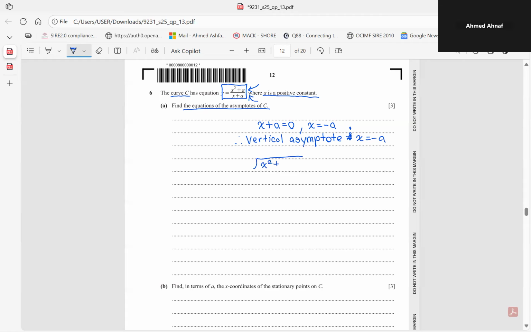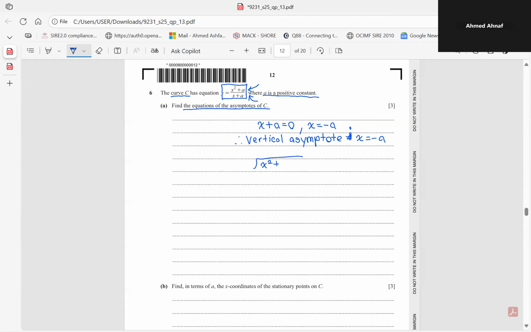So to make it minus ax, you have to multiply by minus a. So minus a times plus a, that's minus a squared. And for this, the remainder would be a minus minus a squared, which is a squared plus a. So hence, y would be equal to x minus a plus a squared plus a over x plus a.